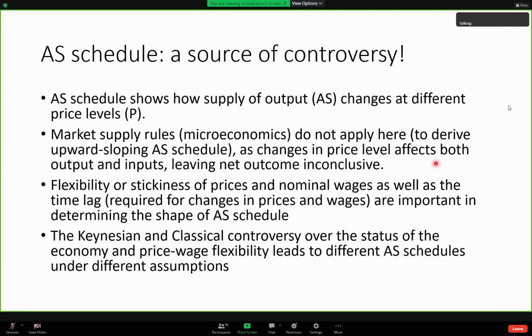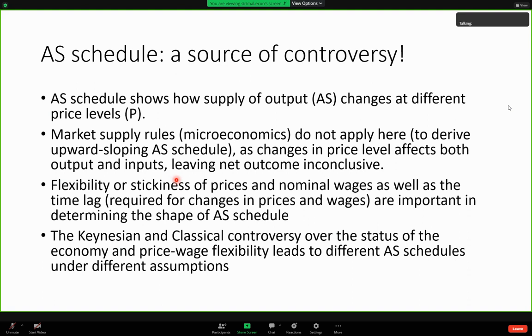changes in price level affect both outputs and inputs. So that means if you are looking at the price of bread, when the bread prices go up, it is an incentive for the producers to produce more bread. But it doesn't apply here, because when we look at the average price level, we have to take into account not only the bread price, but also the wheat flour and other ingredients and electricity cost, water cost, labor cost, wages and salaries, all these things.